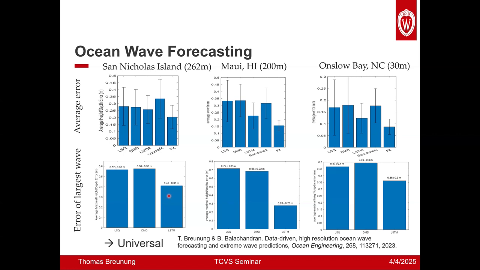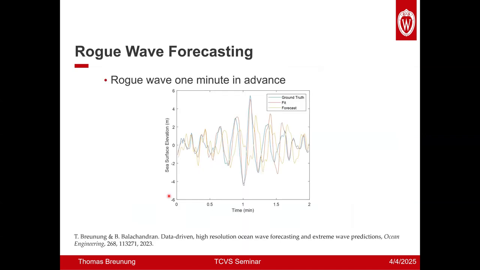So remember, I motivated the whole thing with rogue waves. And this is an example of a rogue wave. This is a forecast of a rogue wave 1 minute in advance. There's good and bad news, at least to me. The yellow is the forecast.